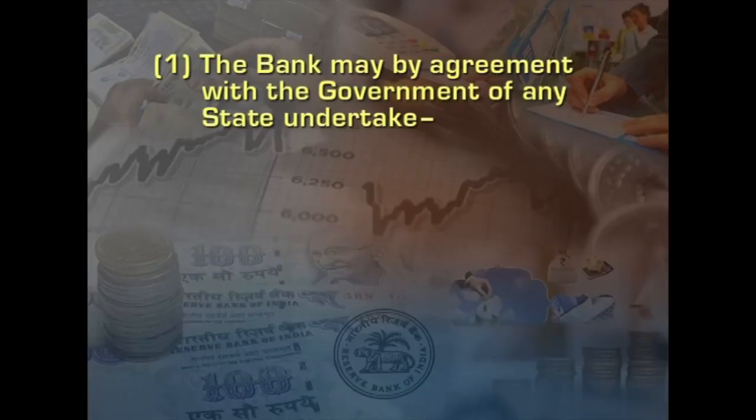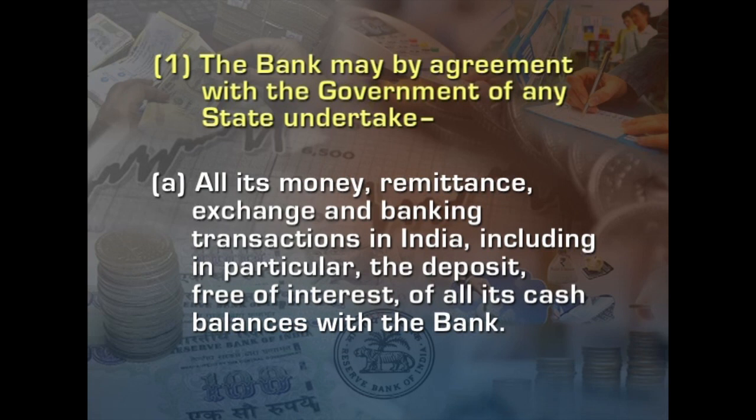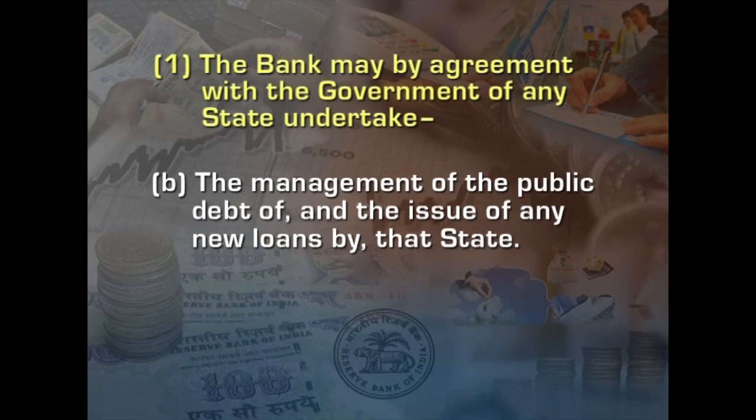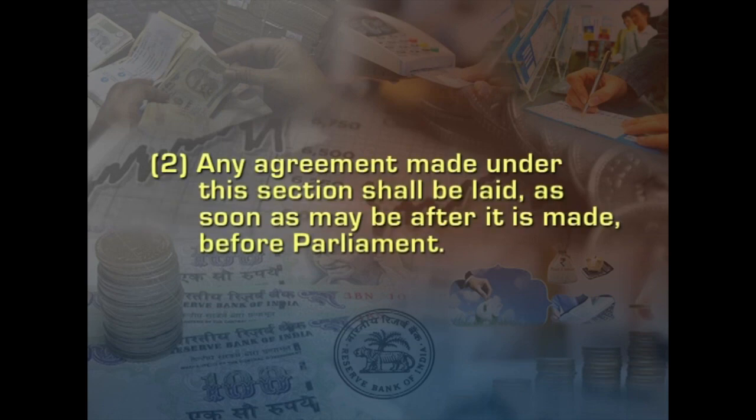The bank may, by agreement with the government of any state, undertake A. All its money, remittance, exchange and banking transactions in India, including, in particular, the deposit free of interest of all its cash balances with the bank, and B. the management of the public debt of and the issue of any new loans by that state. 2. Any agreement made under this section shall be laid as soon as may be after it is made before Parliament.